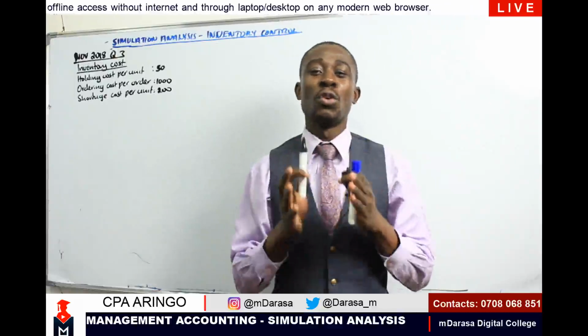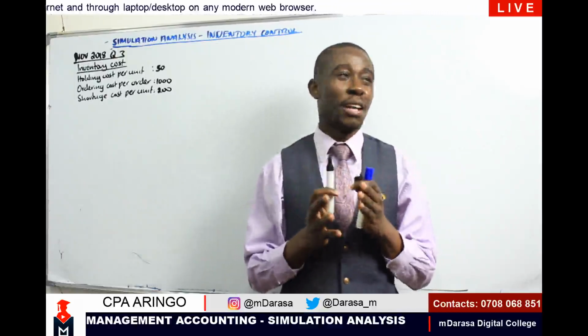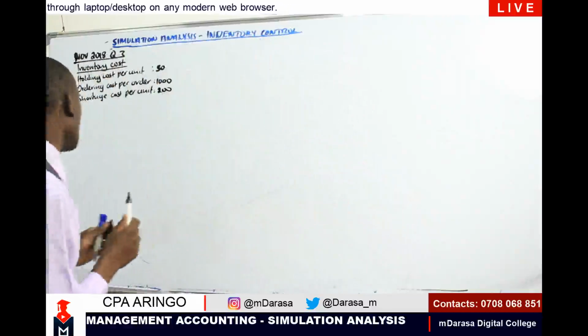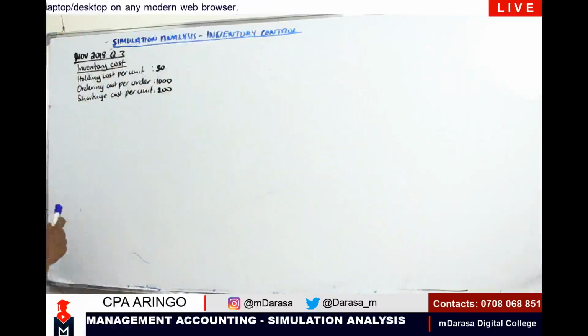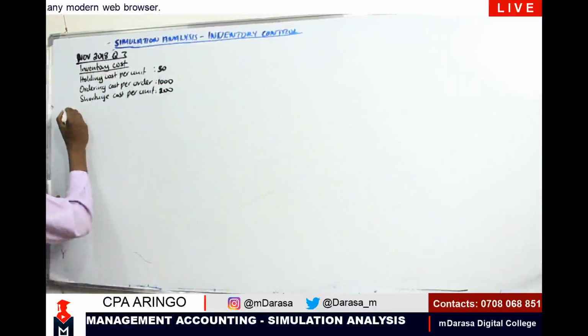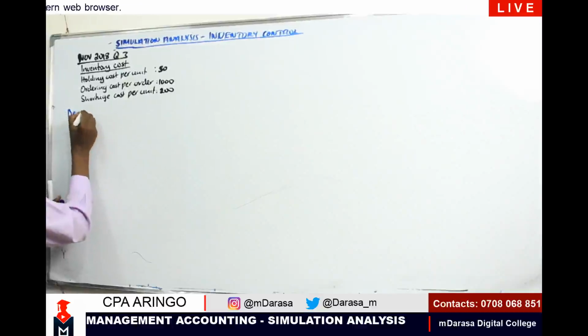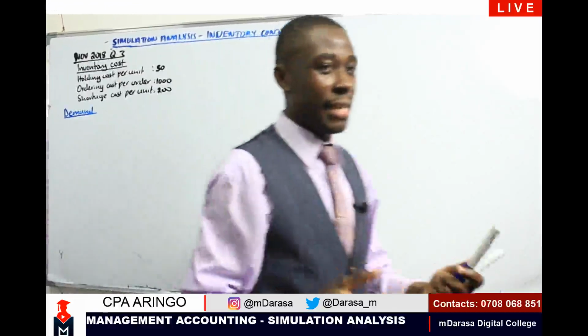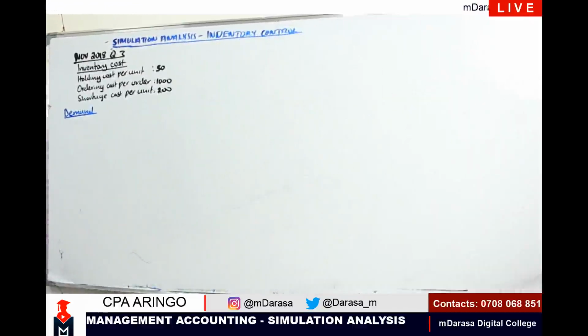Kindly mark that one. So, if we identify the items attached with probabilities, we can clearly see we had demand, and lead time.